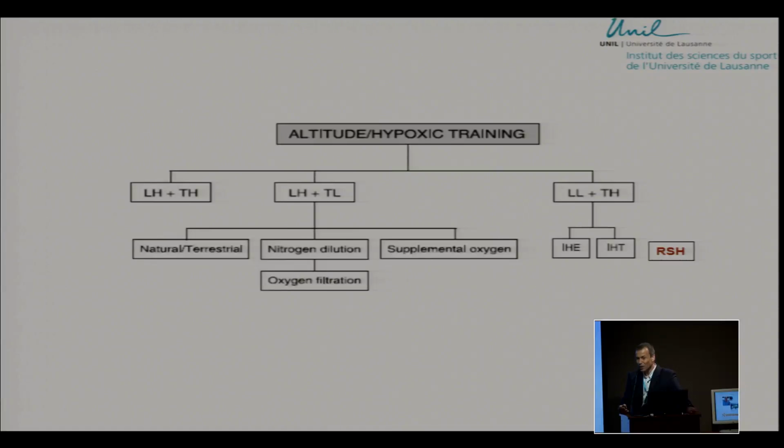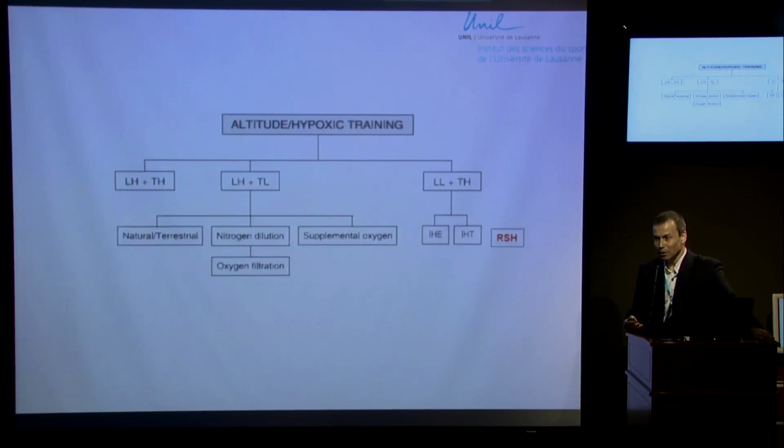Specifically, this increased muscle blood flow could change the behavior of the fast-twitch fibers. That's why, in our view, RSH can only improve repeated sprint ability if you have high altitude and high intensity to have enough fast-twitch fiber recruitment.